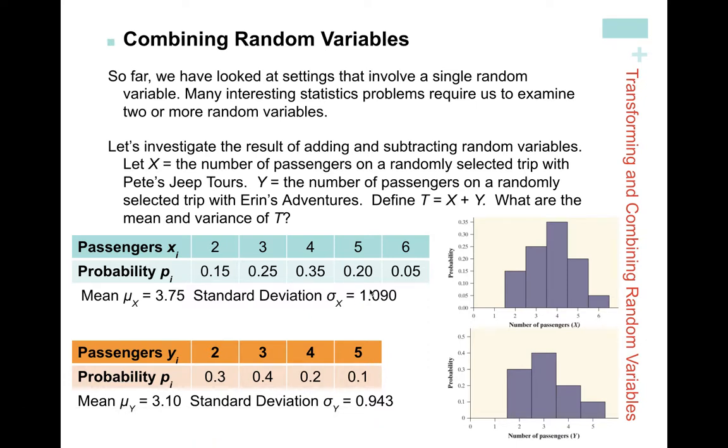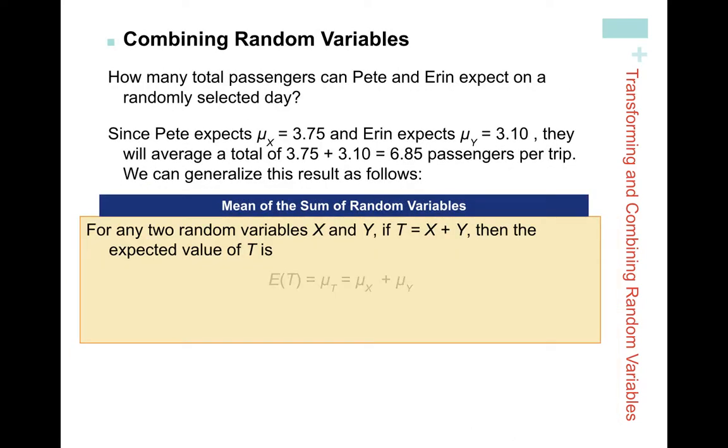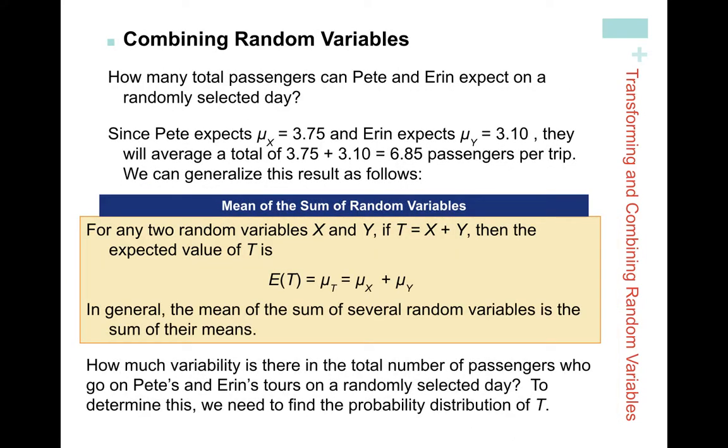So now when we're looking at the total, in words, the total is how many passengers do both Aaron and Pete expect to have on a day? Well, you can just add the two means, but the standard deviations you cannot just add. Standard deviations do not add.